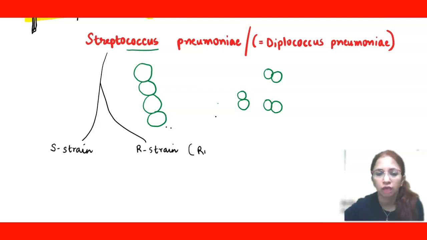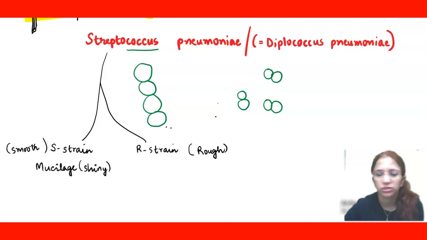So here R means rough strain, and S means smooth strain. Now when am I going to say smooth? That means it must be having mucilage on it, because of which it was shiny, right?